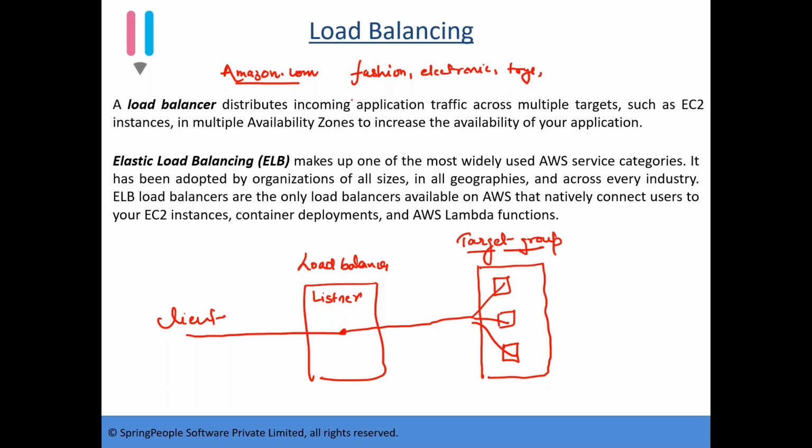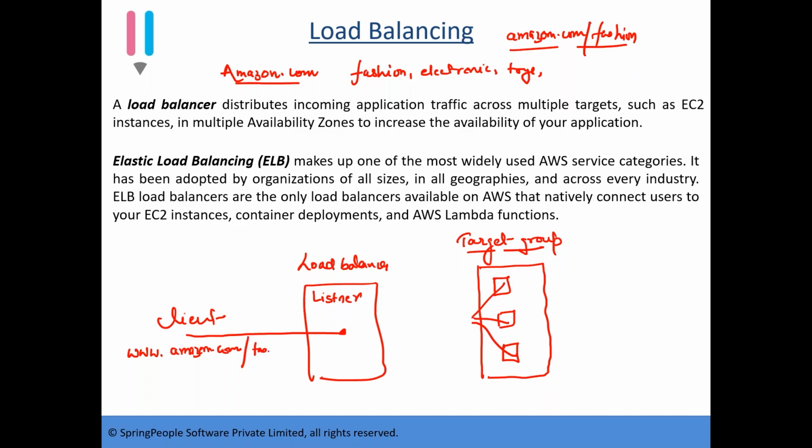So if you are doing path-based routing, let's say you're looking for Amazon.com/fashion. Your request will be sent to a target group which has the servers handling requests for fashion. As a client, you say, I'm looking for www.amazon.com, and in Amazon.com I'm looking for /fashion.